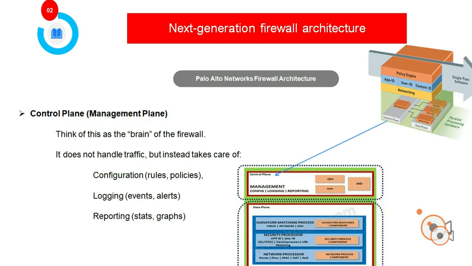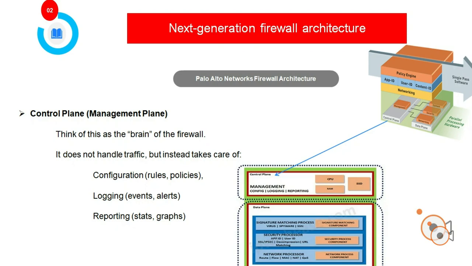And in the hardware part, the Palo Alto firewall is divided into two parts. We have the control plane and we have the data plane. We can consider the control plane as the brain of the Palo Alto firewall. The control plane ensures the configuration, rules or policies, for example.